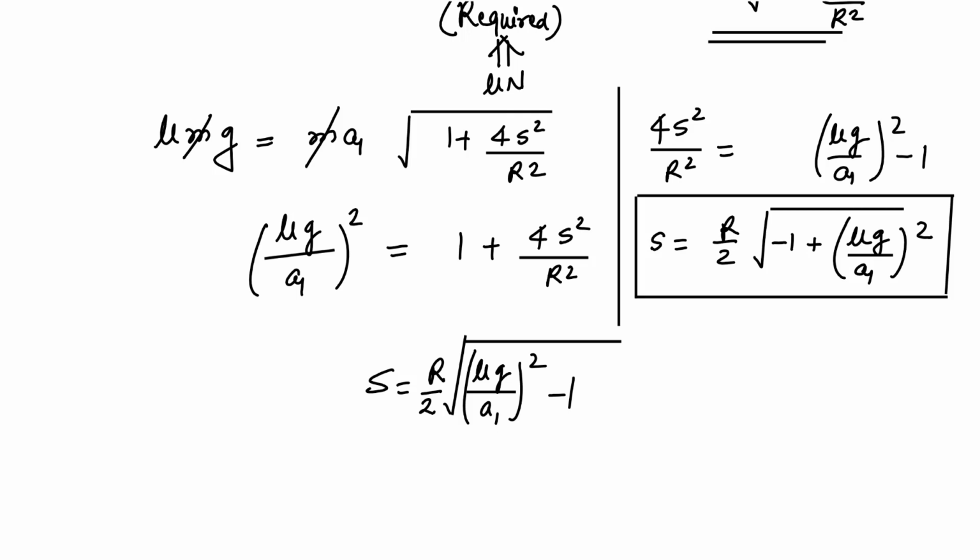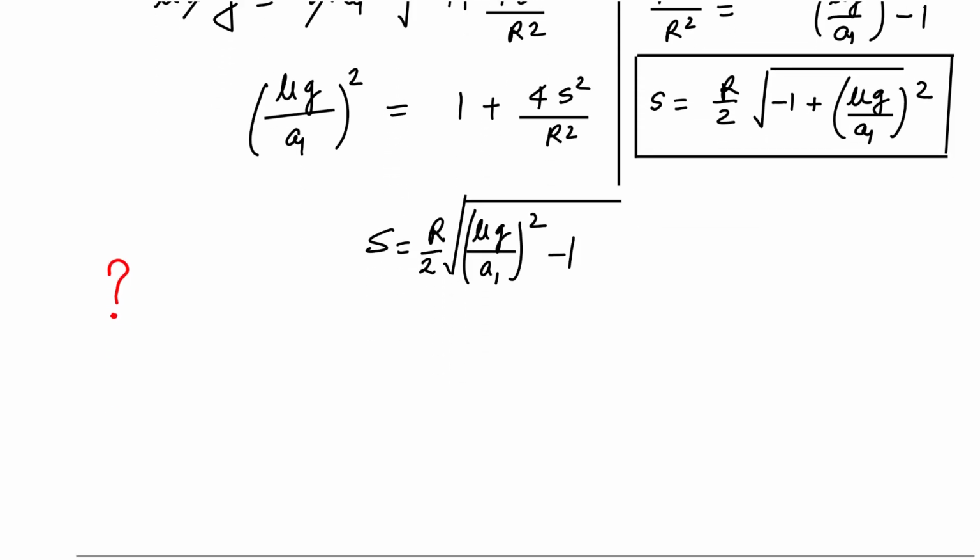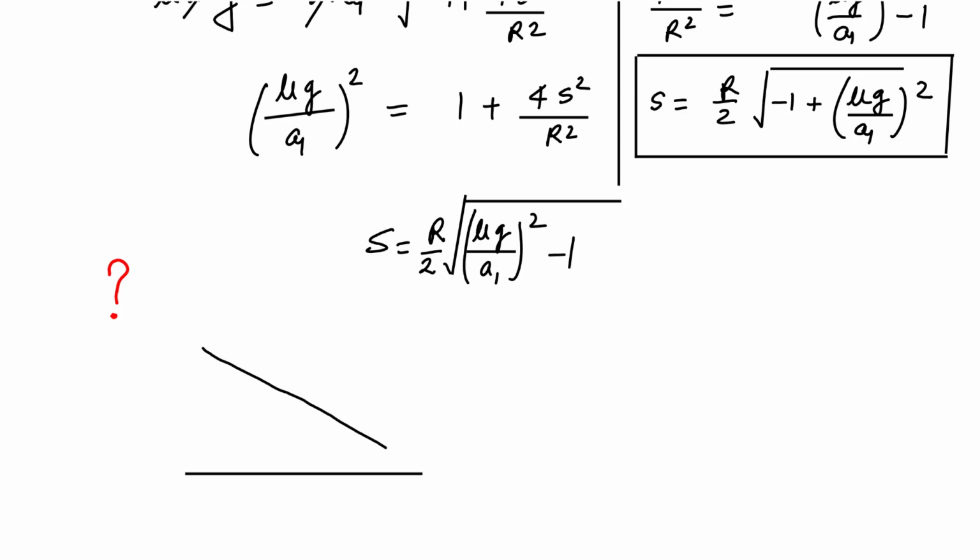Now I have a question for you. Let us say in this case the motion is taking place on a simple horizontal circular track. Now let us say this motion is taking place on a track that is inclined or banked. Let us say the banking angle is given, this angle is theta.